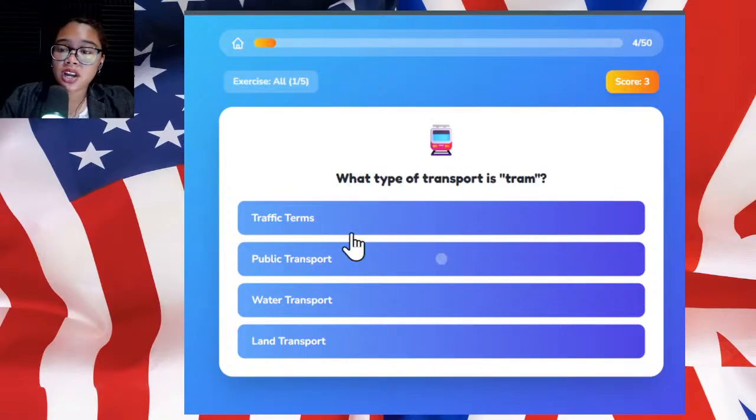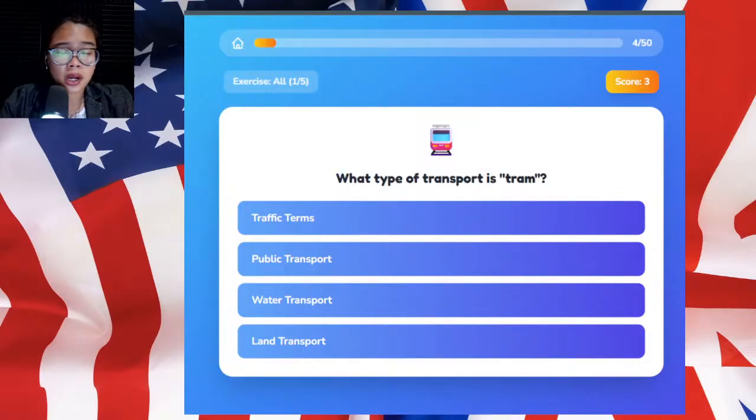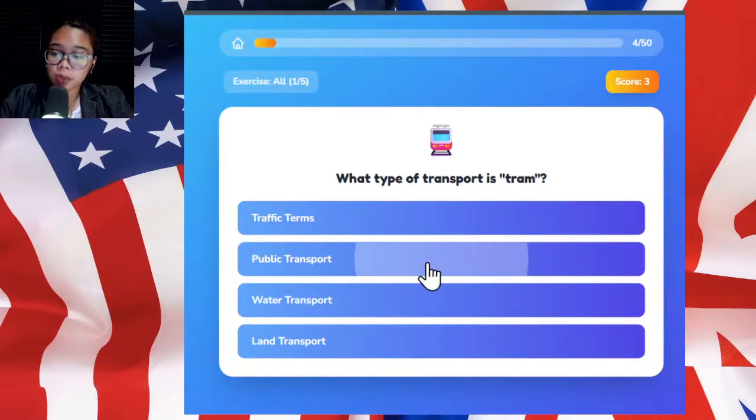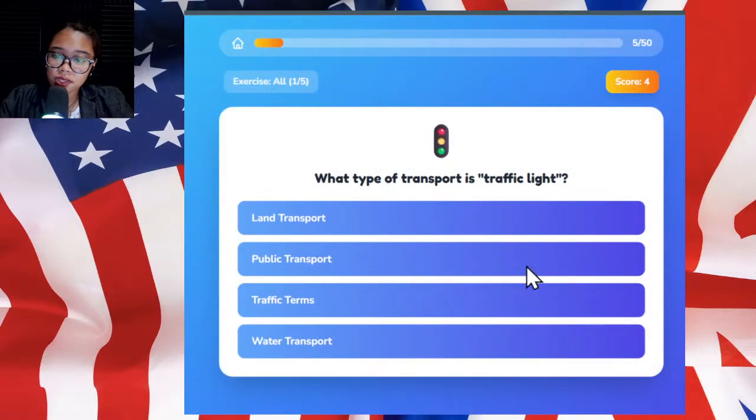Tram is like a train, but you can see it on the road. That's why it travels really slowly. So tram is a public transport, because it's for the public. It's for commuting.